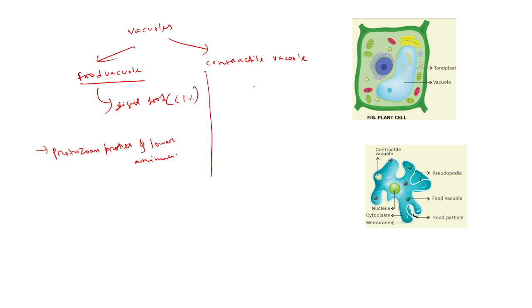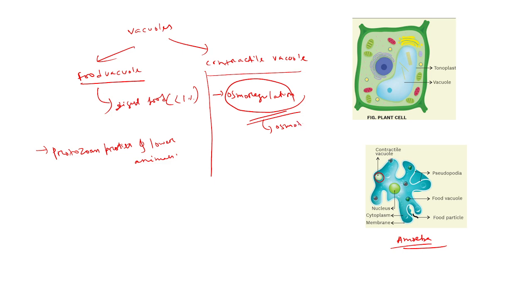Well, what is the function of the contractile vacuole? Look at the amoeba. Let's say this is the amoeba, and here is the contractile vacuole. It regulates osmoregulation. What is osmoregulation? It is simply about the osmotic pressure, the pressure between the solute and the solvent.